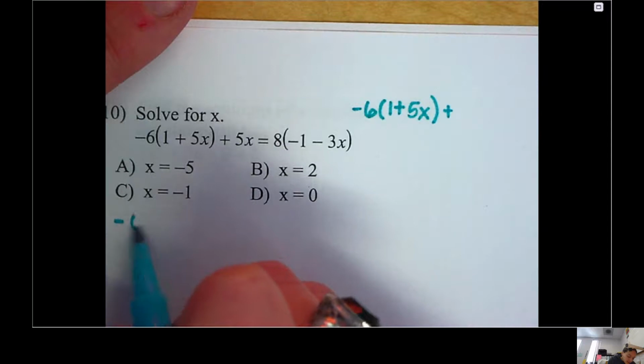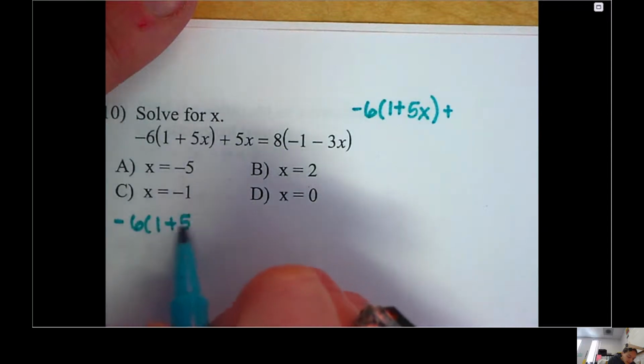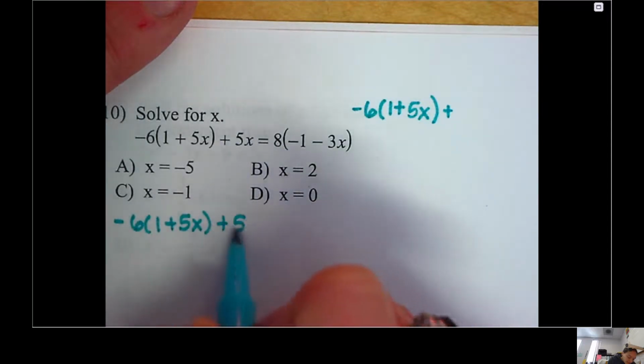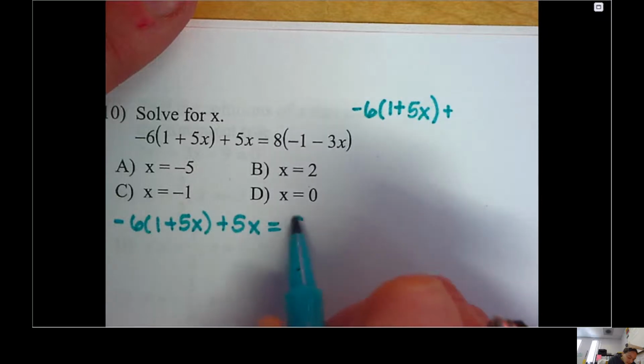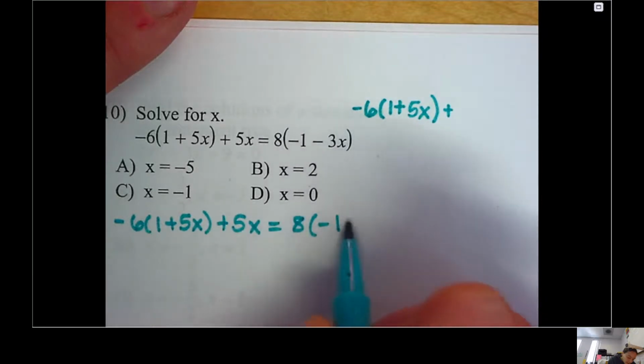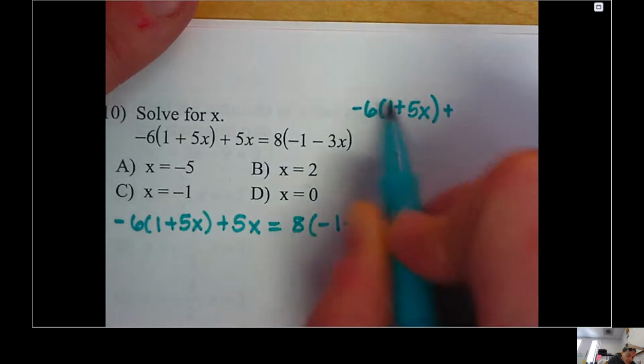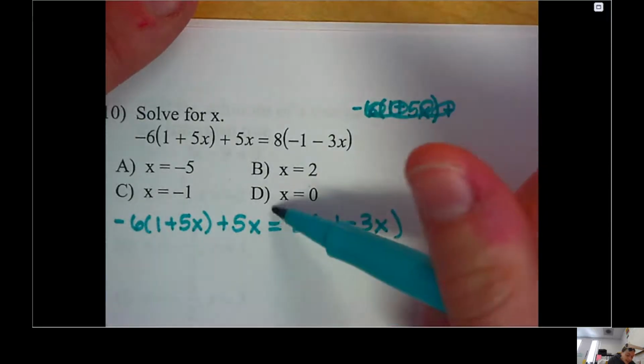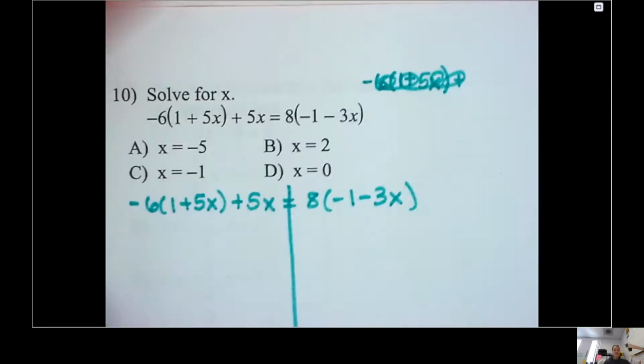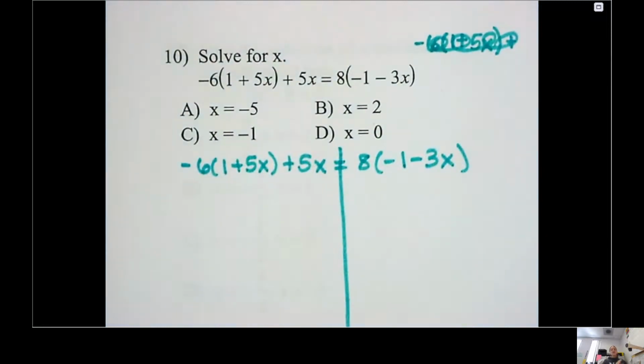Oh, there's not a lot of space there. Sorry about that. Plus 5x equals -1 minus 3x. Okay, so I'm going to be real with you. Whenever I have problems like this and I have an equal sign, I always put a line straight down the equal sign, because that says now I've got a left side of the equation and a right side of the equation, and I'm going to do them one side at a time.